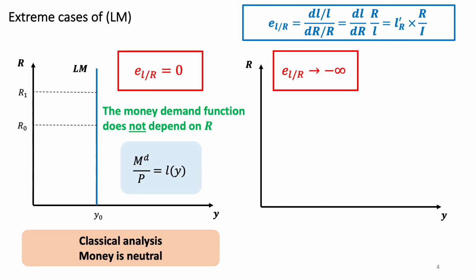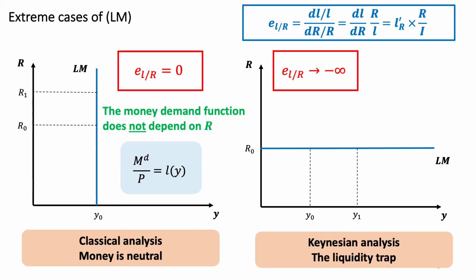Second extreme case, when LM is horizontal, when the elasticity tends to minus infinity. We are in the opposite of the classical analysis. In this case, households have an absolute preference for liquidity. They prefer to have liquid money rather than bonds, probably because they expect an increase in the interest rate in the future.